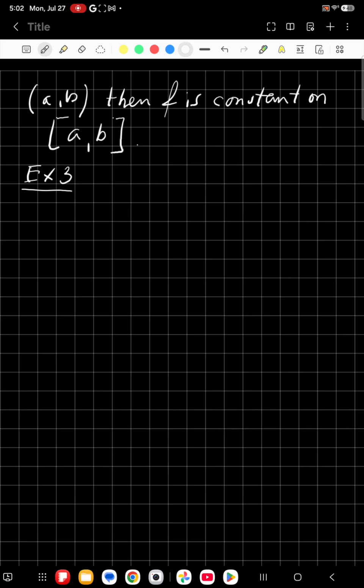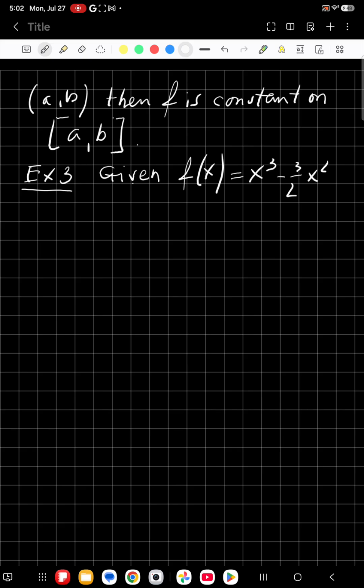Here's the function given: f of x equal to x cubed plus 3 minus 3 over 2 x squared.